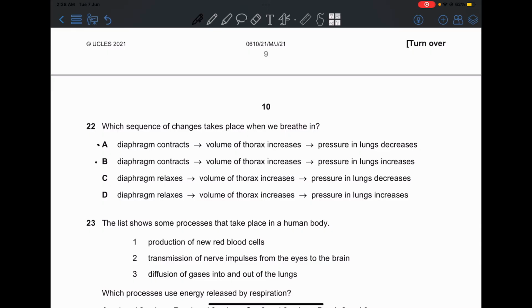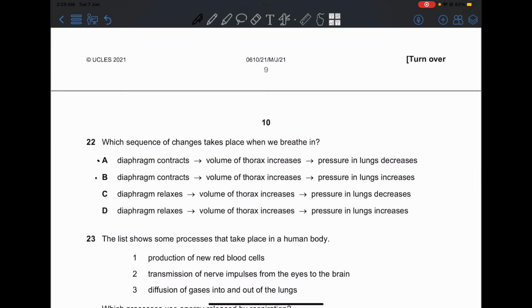Please note something: when the volume increases, the pressure must decrease because volume and pressure are opposite to each other. You can't tell me that the volume and the pressure increase at the same time. That is incorrect. If the volume is increased, then the pressure is decreased. If the pressure is increased, the volume decreases. So our answer will be A.